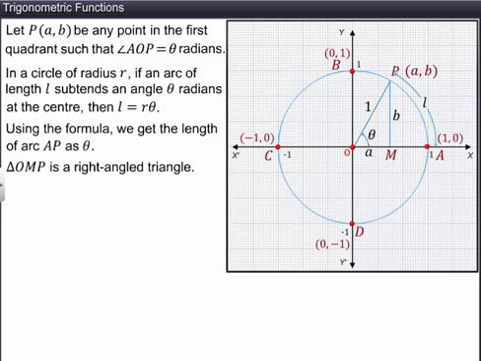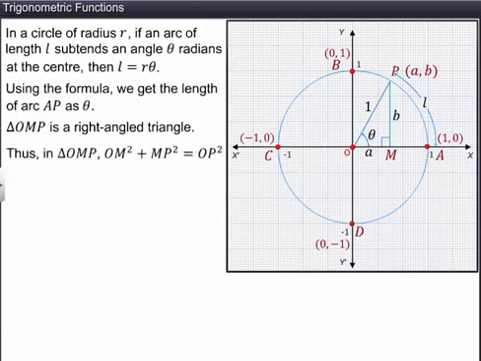Thus, we obtain a right-angled triangle OMP. By Pythagoras' theorem, the sum of the squares of the perpendicular and the base is equal to the square of the hypotenuse. Thus, A square plus B square is equal to 1.